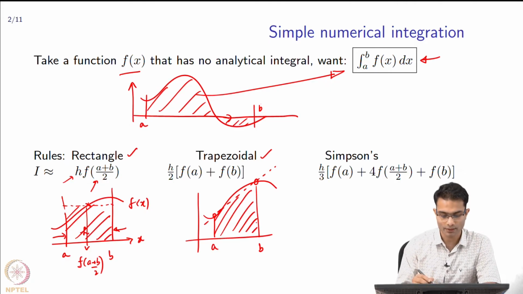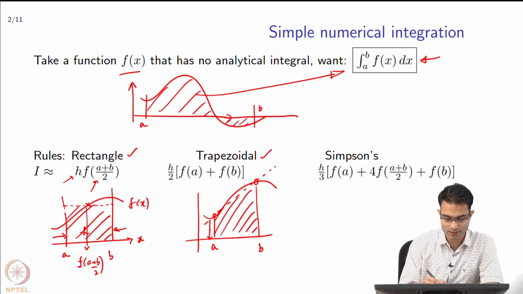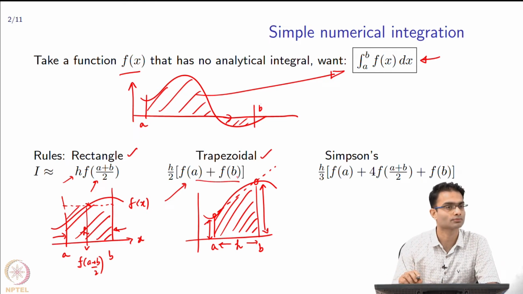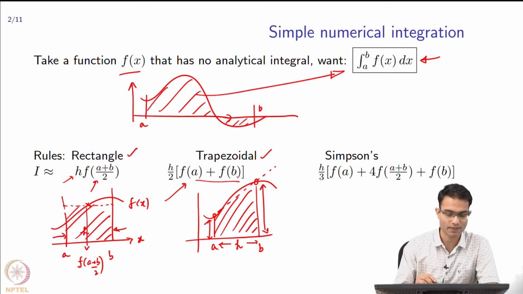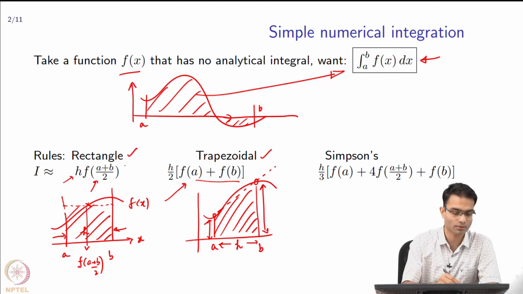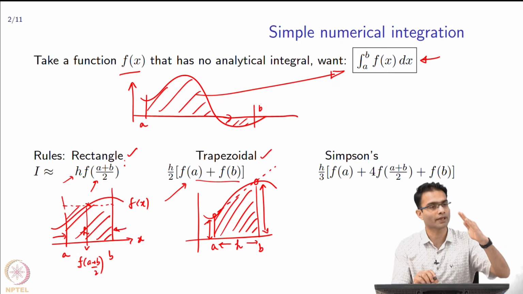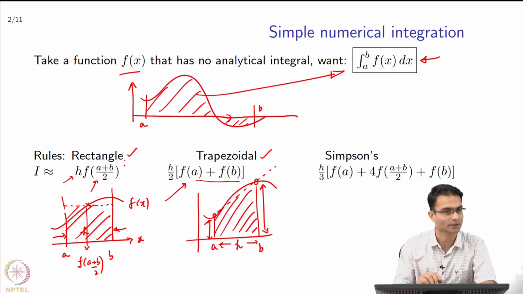You can see f of a is going to give me this length, f of b is going to give me this length, and this is the formula for the area of a trapezoid, half of h into the sum of these two quantities. Obviously, we expect this to be more accurate than the midpoint rule, because instead of a flat thing, I am fitting a linear function over here.